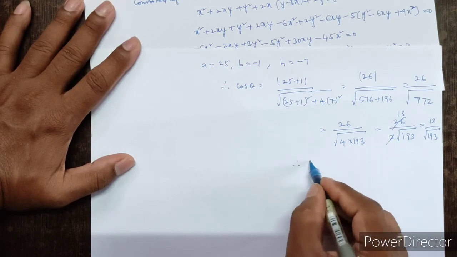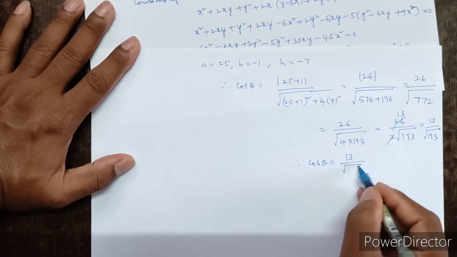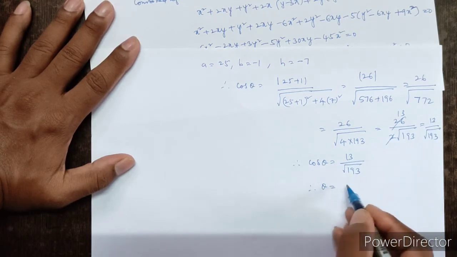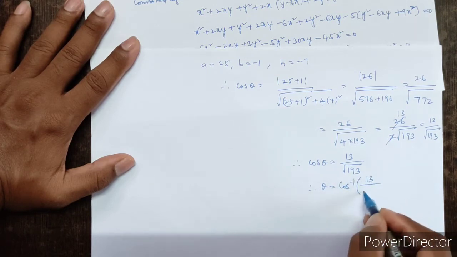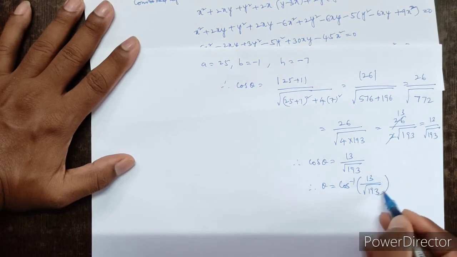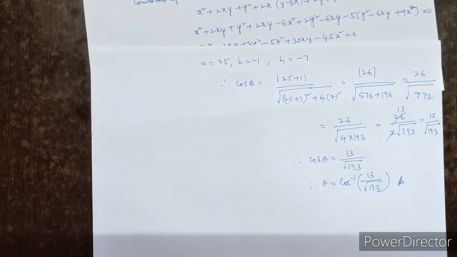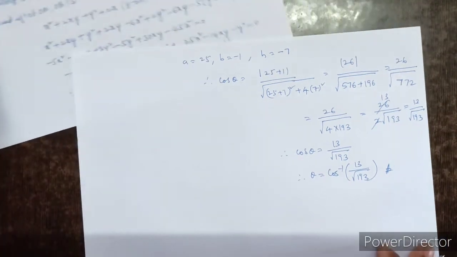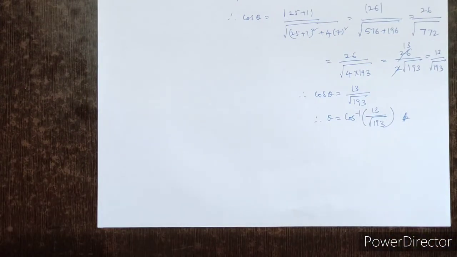Therefore cos theta equal to 13 by root 193, and theta equals cos inverse of 13 by root 193. This is the angle between lines OA and OB.